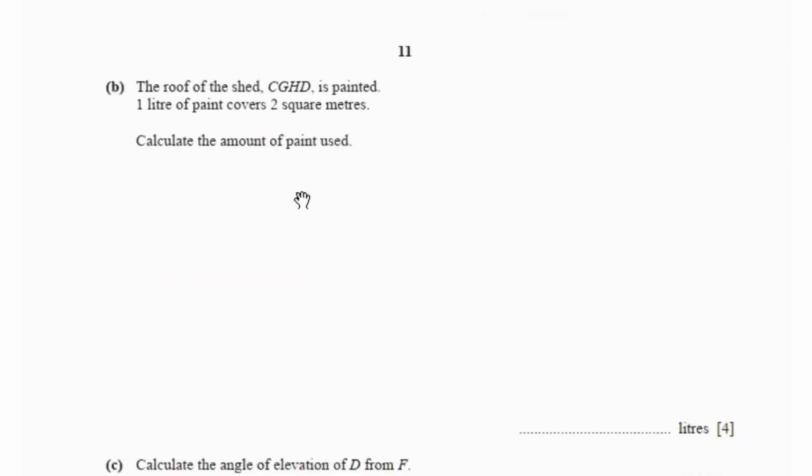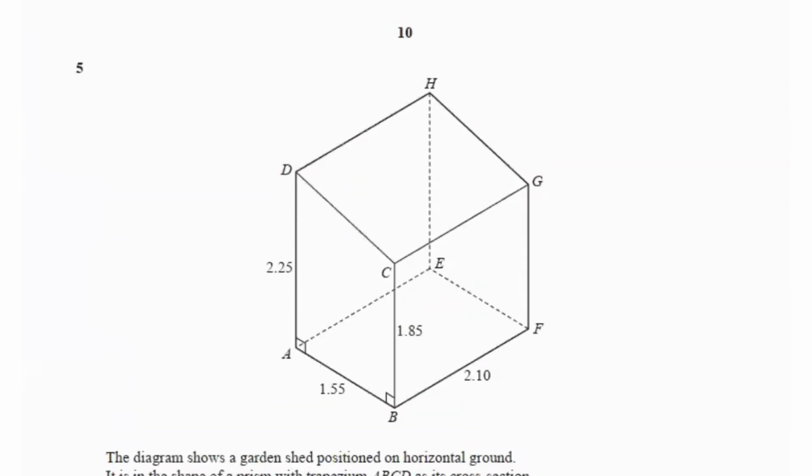The roof of the shed, CGHD, is painted. 1 liter of paint covers 2 square meters. Calculate the amount of paint used. So if we go to CGHD, it is this face.